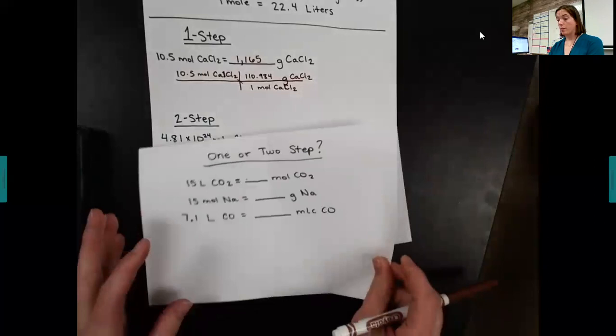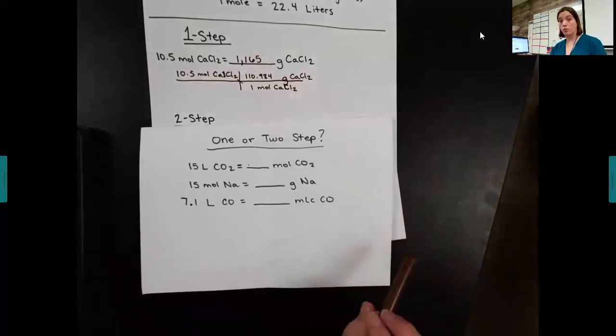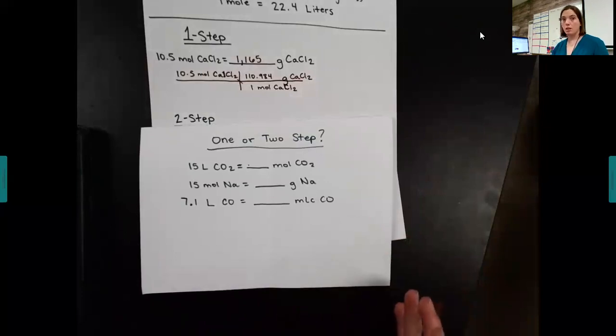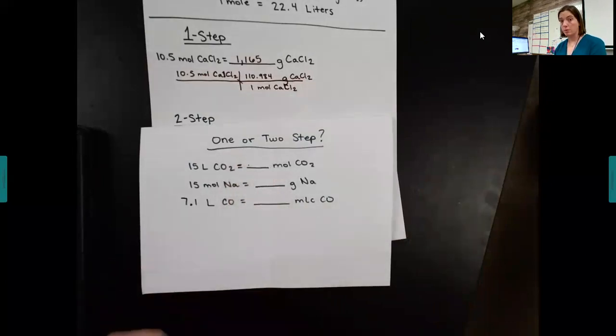Now, the last section of the assignment is going to mix them up. You're going to have a molar mass section, a one-step mole section, a two-step mole section, and then a mixed problems section. If it's mixed problems, you need to figure out, is it one step or two steps? Here's your hint to help you.